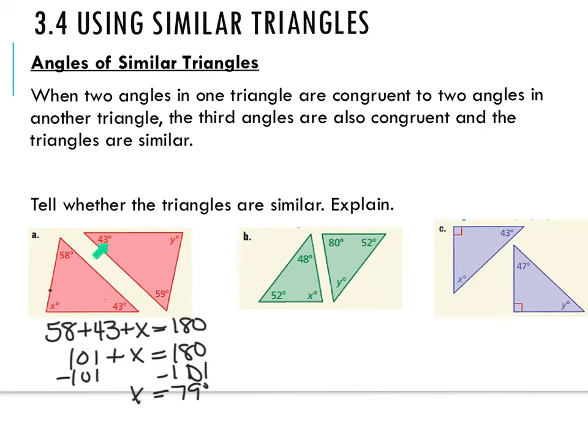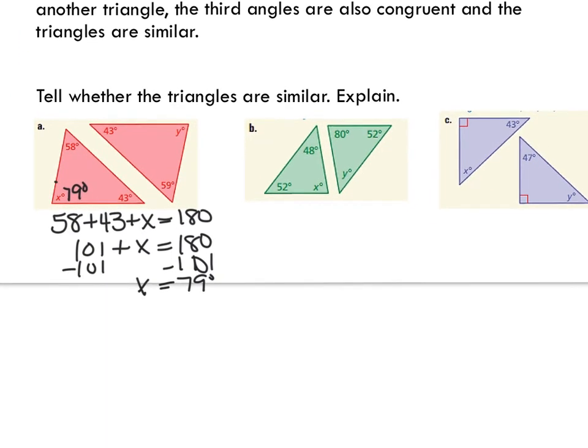So again, I have the 43 angles congruent, but then I don't have a second angle. I have a 79 and a 59, or I have a 58 and a 59. Neither of those are congruent to that 59 angle, so there's no way these two triangles can be similar.